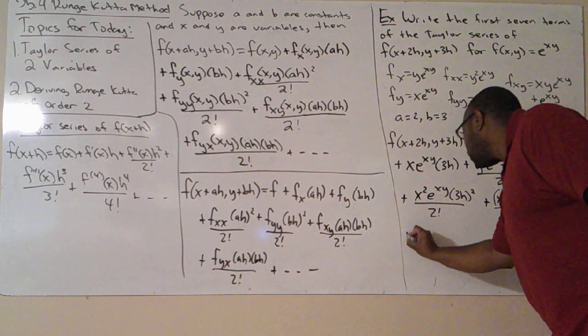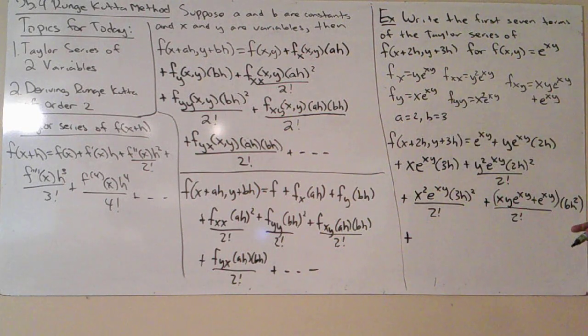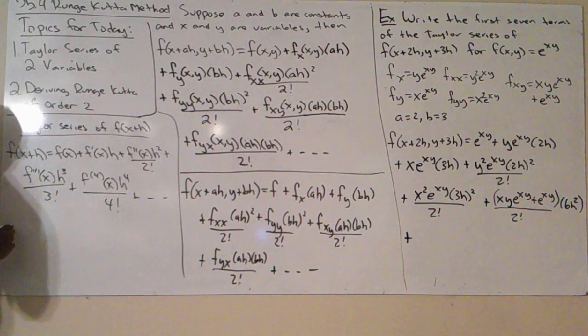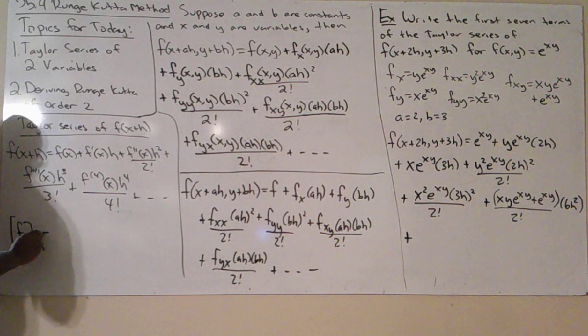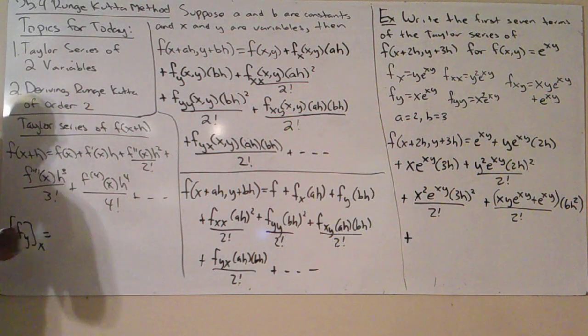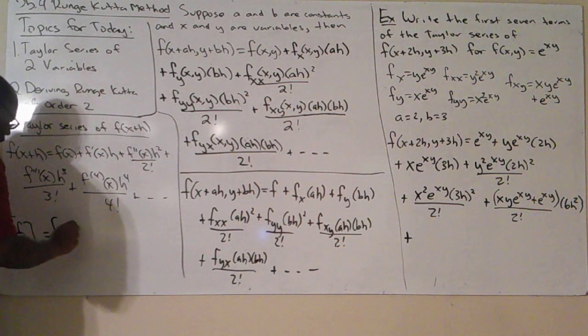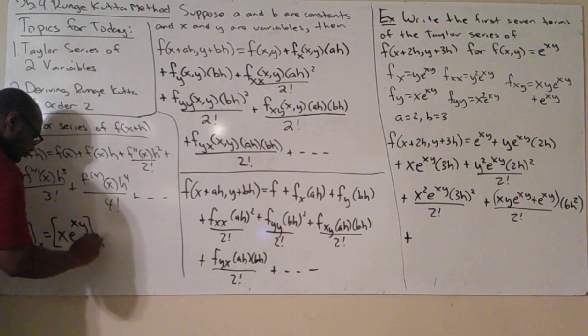Plus the partial derivative of f with respect to y, then x. And again, we could check to make sure that these guys are equal, right? Partial derivative with respect to y, then x. I'll put it over here. X, we already saw that that was x e to the xy, x again.